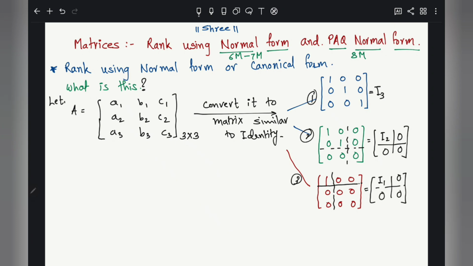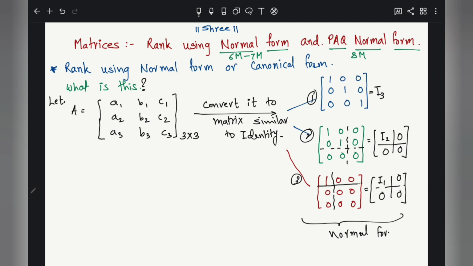So your 3 cross 3 matrix may get converted to these 3 similar forms. I am not saying you can always convert to identity, but you can convert to similar to identity. These are called the normal forms of the given matrix.